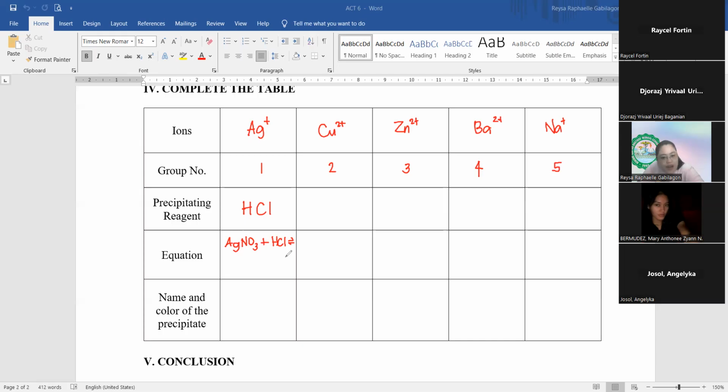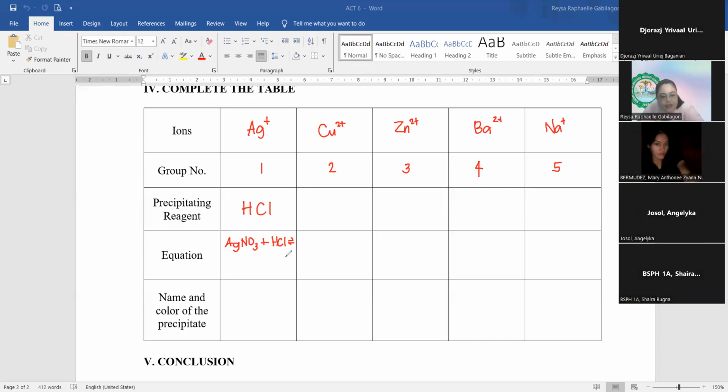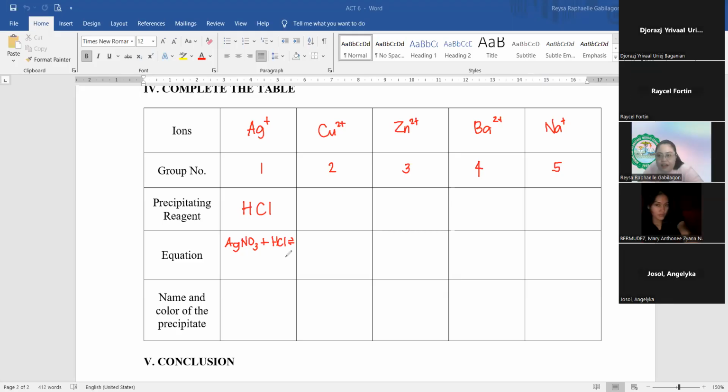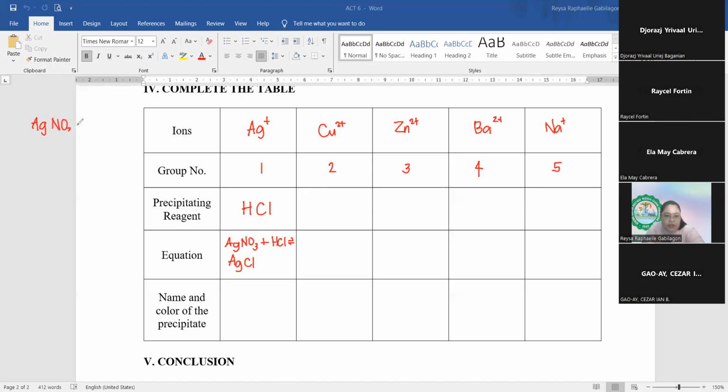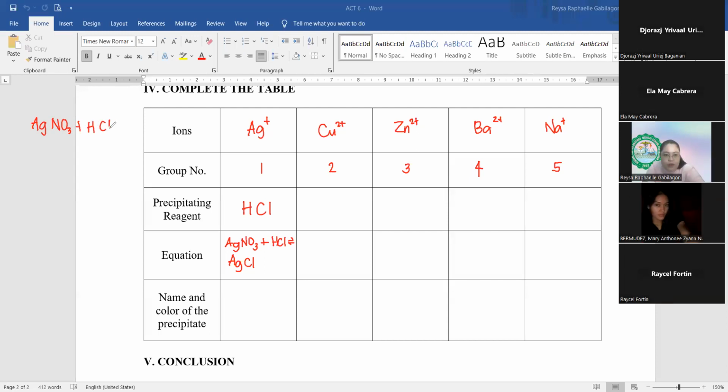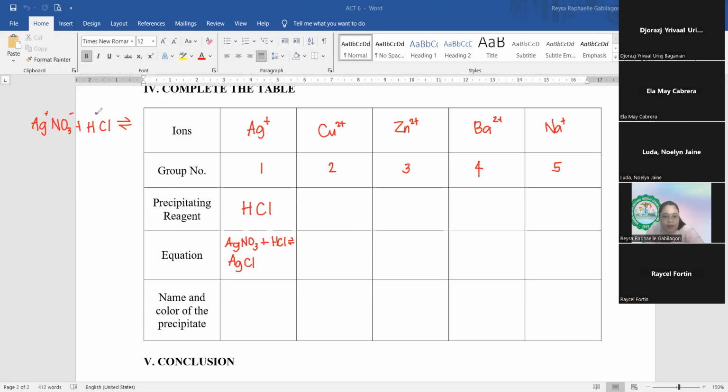So give me one product for this one since exchange partner sila. Yes, Rachel. AgCl po, silver chloride. Okay, AgCl. So since 'di ba our equation is silver nitrate plus hydrochloric acid, mag-exchange partners sila. Positive and negative ha. Positive and negative yung magpartner.